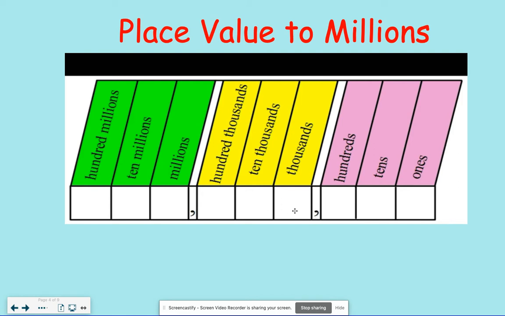The comma changes what place value you're in. So now we're in the thousands range. And we still go 1,000s, 10,000s, 100,000s. And then we have another comma. So now we're in a new place value range, which is the millions. 1 million, 10 million, 100 million.